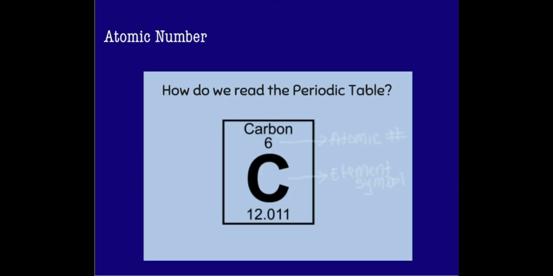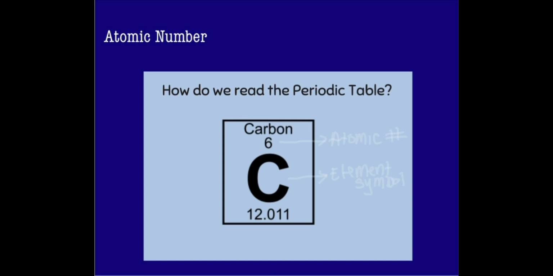Okay, so now let's get into the breakdown of how to identify the atomic number and the atomic mass on the periodic table. This is where you're going to get your information on how to identify your number of protons, electrons, neutrons, and so forth.